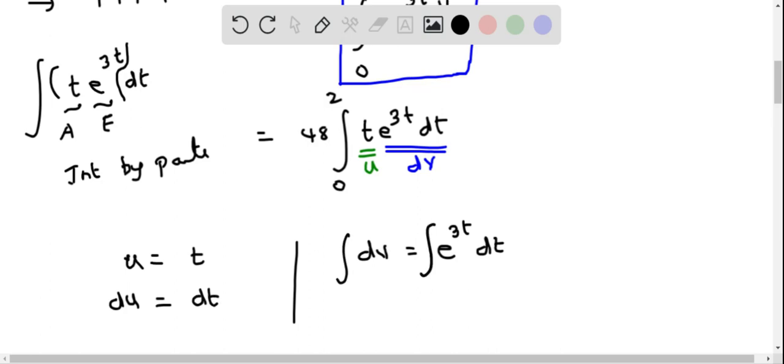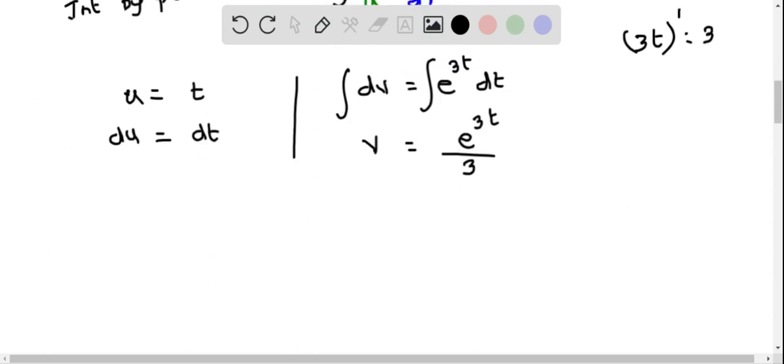So the integration of dv is v, and the integration of e to the power 3t is e raised to the power of 3t, and then we divide by the derivative of 3t, which is 3. So v is e raised to the power of 3t divided by 3. We do not put the integration constant, as this is a definite integral.